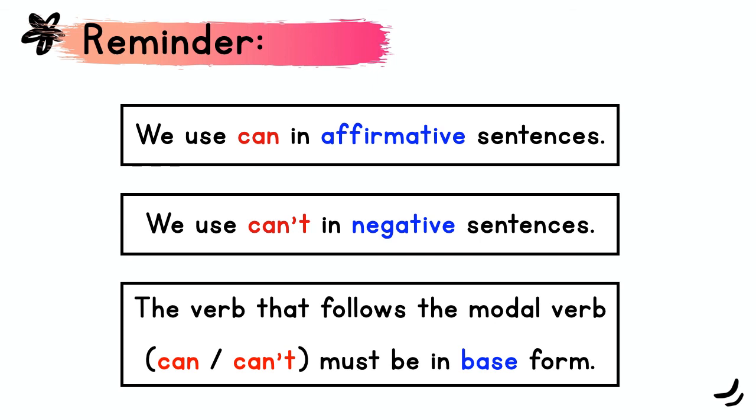Kita guna can untuk ayat yang kita cakap yes, positif. Kita guna can't untuk ayat yang kita sebut no, negatif. Selepas perkataan can dengan can't, kata kerja dia mesti dalam kata dasar. Tak boleh ada imbuhan. Mesti ingat.